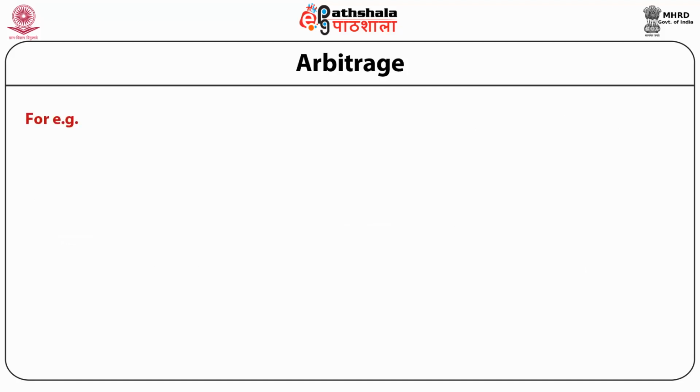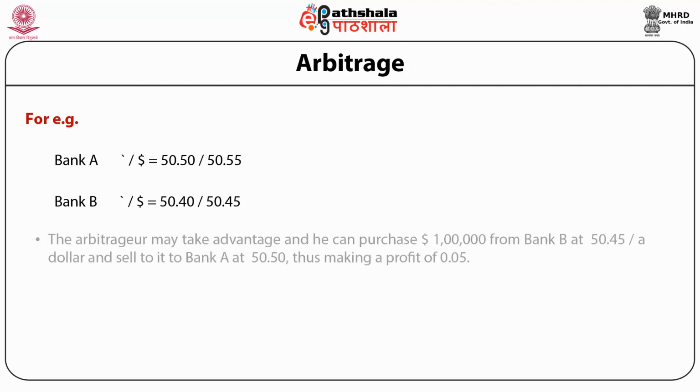For example, let us see there are two banks, Bank A and Bank B. Both are offering their bid and ask prices. Bank A offers 50.50 and 50.55, and similarly Bank B is offering 50.40 and 50.45 per US dollar. The above rates are very close. What the arbitrageur will do is take advantage.